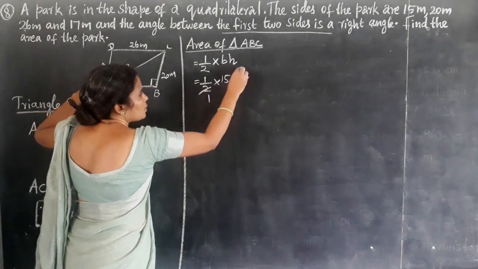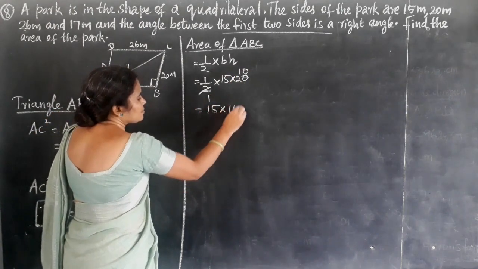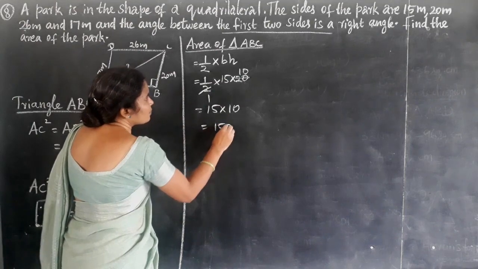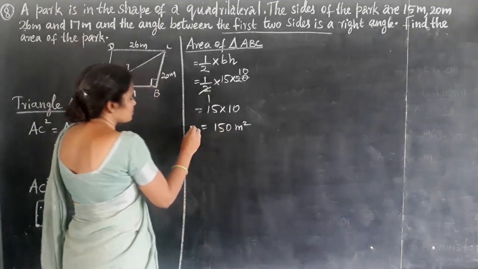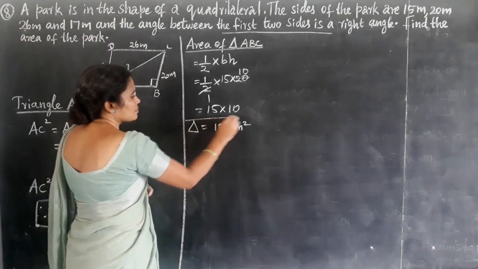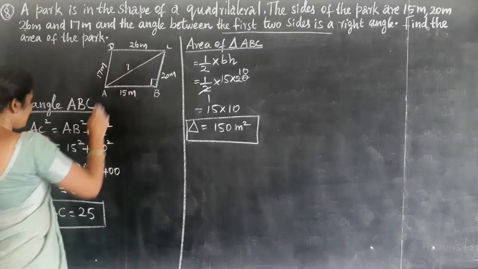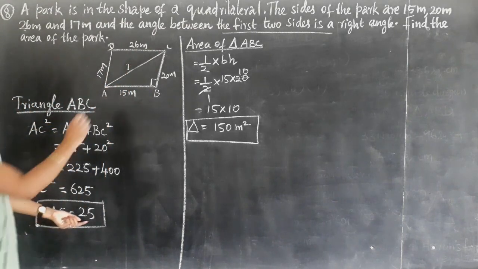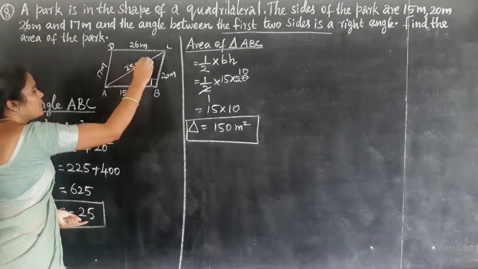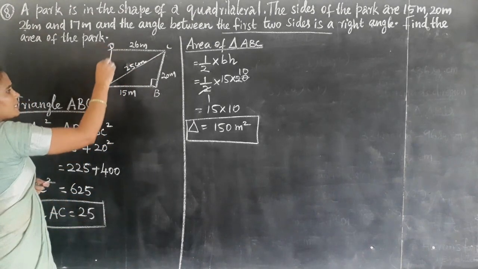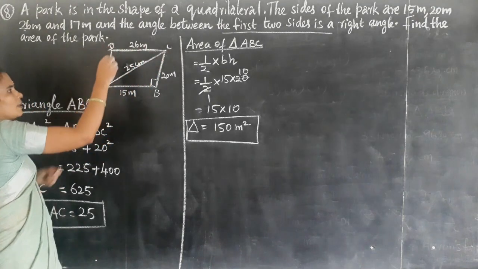So 2 tens are 20, 15 into 10 is equal to 150 meter square. So AC is equal to 25. So the third side is 25 meter. Now let us take the triangle ACD.